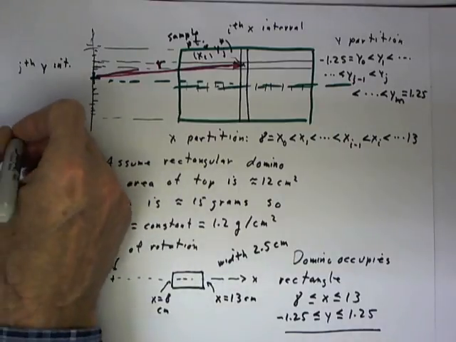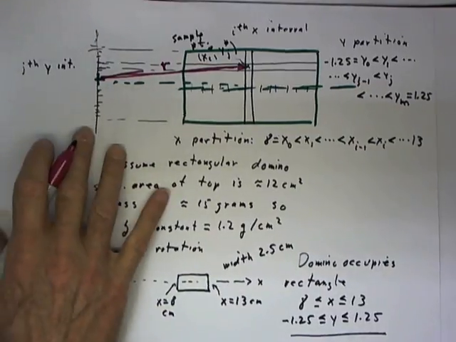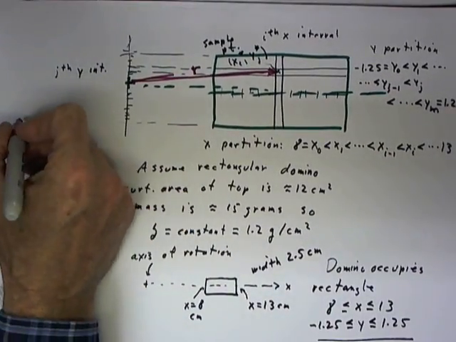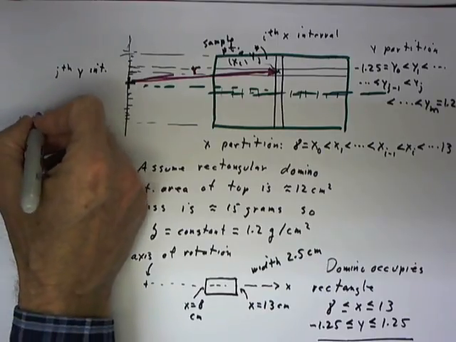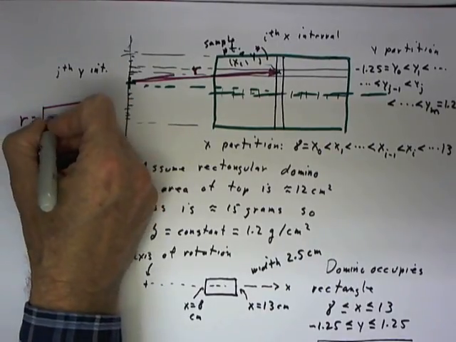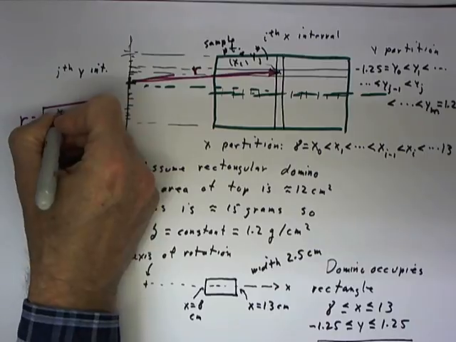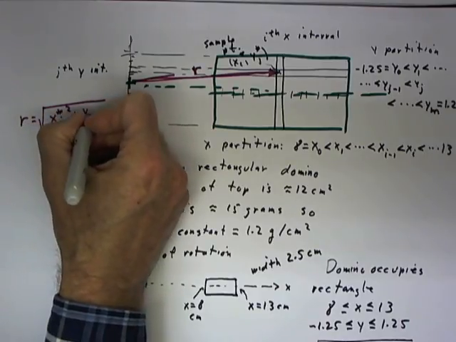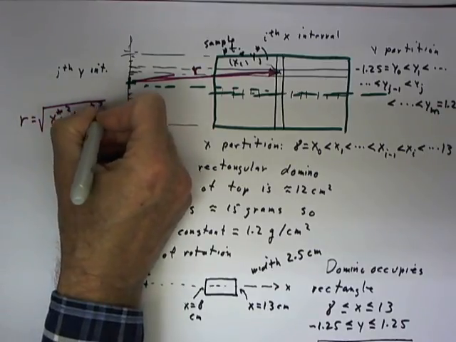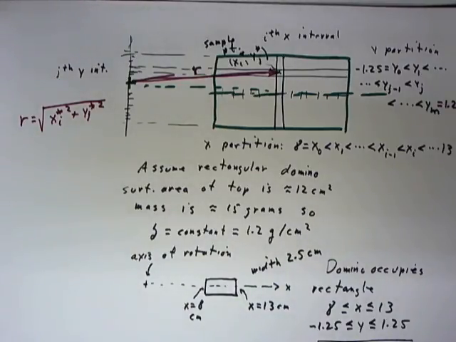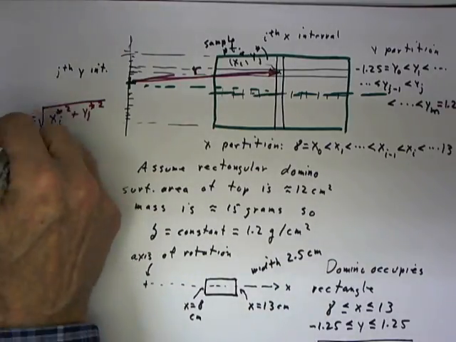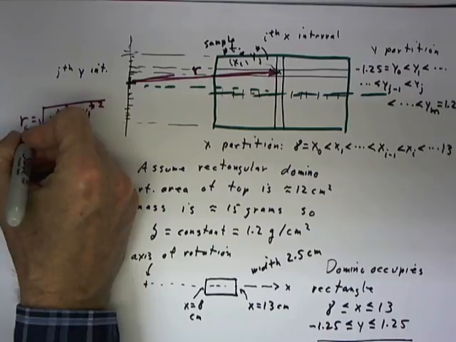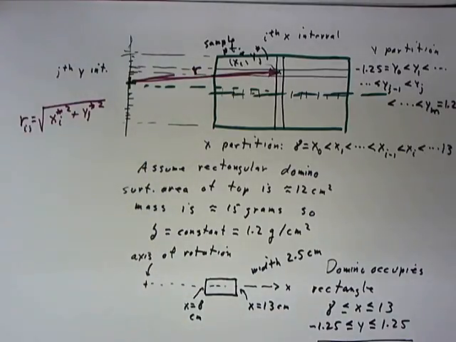It should be clear that r is going to be the square root of xi star squared plus yj star squared. And just to be specific, we'll call that rij.